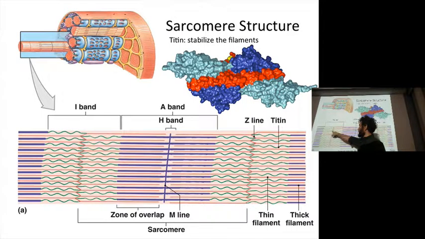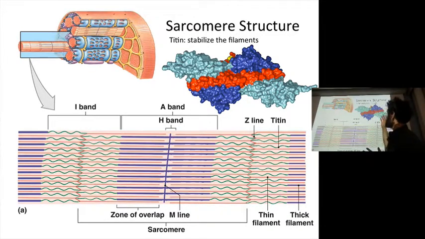The Z line is attached by these strands to the ends of the thick filaments with this protein called titin. And titin helps to stabilize the filaments, keeps them all organized and lined up properly.